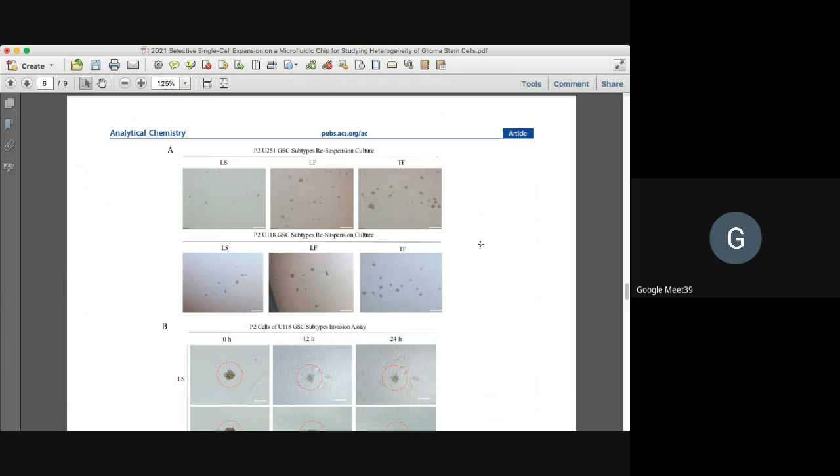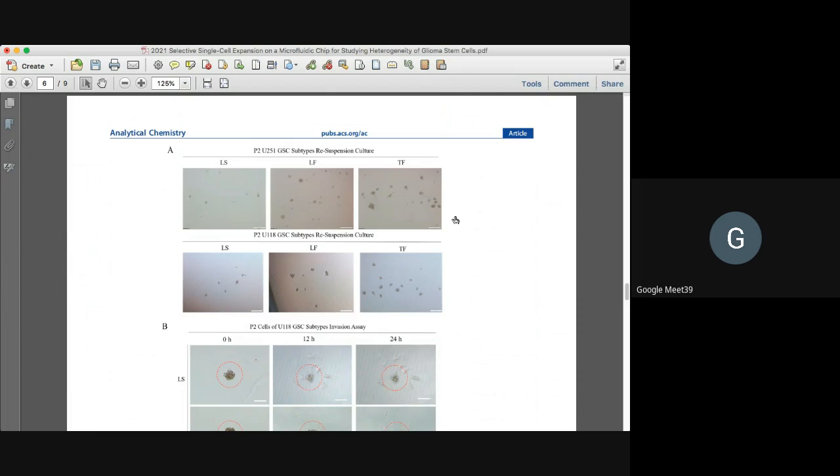Yes. My question was how they perform the labeling of the cells inside the droplet. They block the droplet and then put the antibodies, or how they do that? Exactly. They had to depolymerize the alginate so that they can release the cell aggregate.